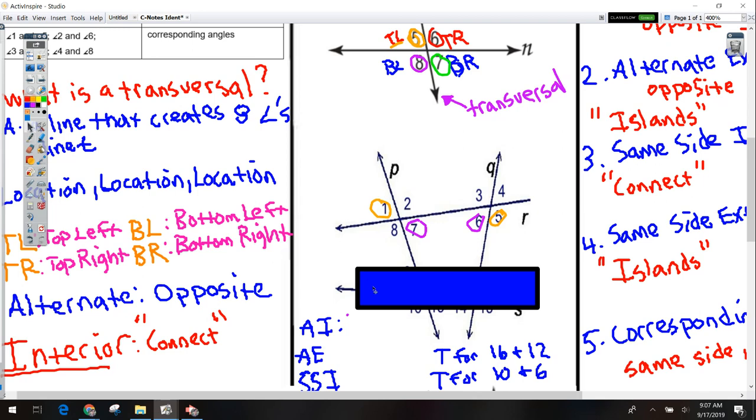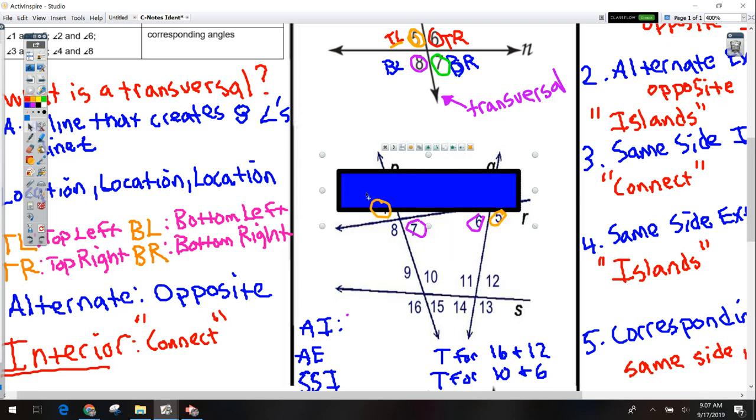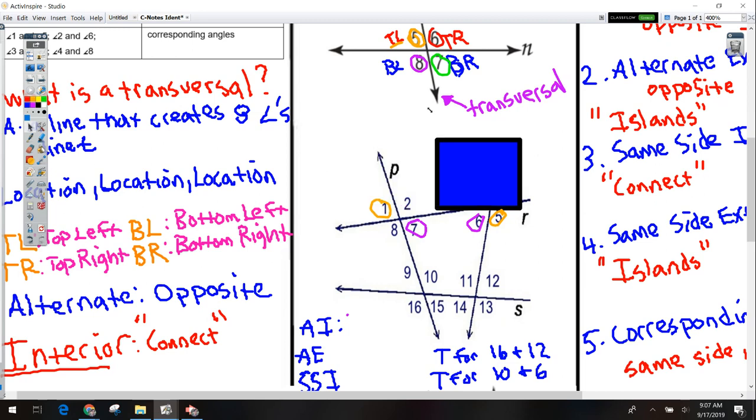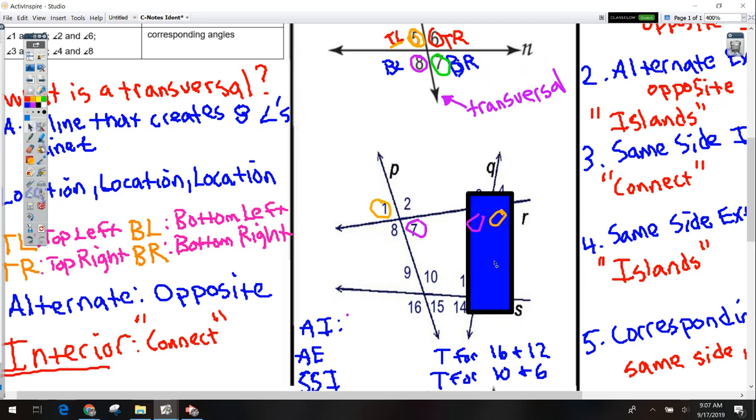All right, so let's take it away. And if you'll notice, if we go this direction, so if I cover up these angles, when we look over here, now we have this set of 4 and the other set of 4.